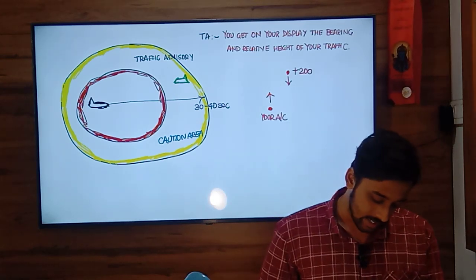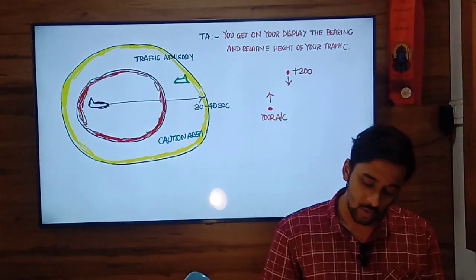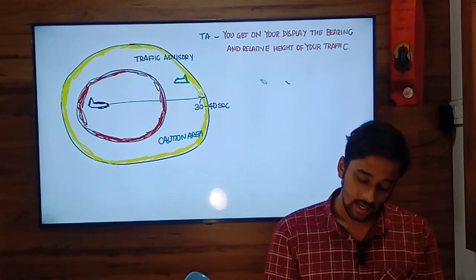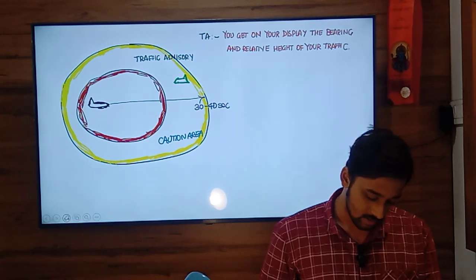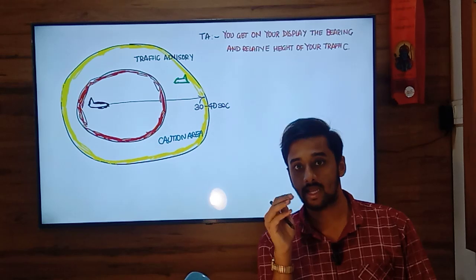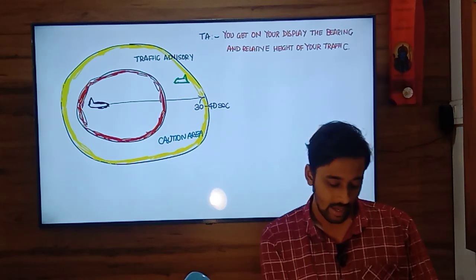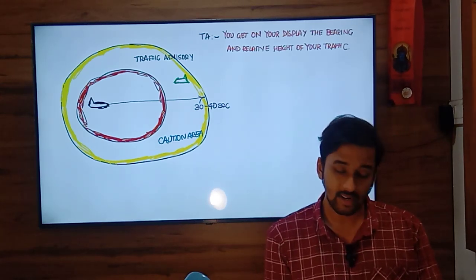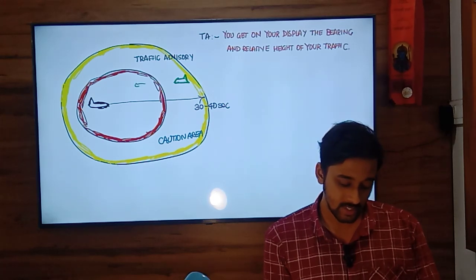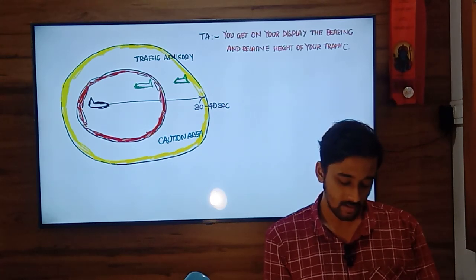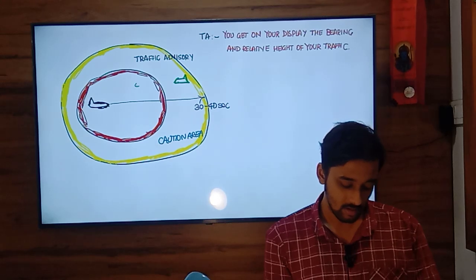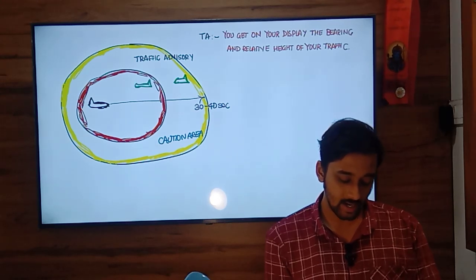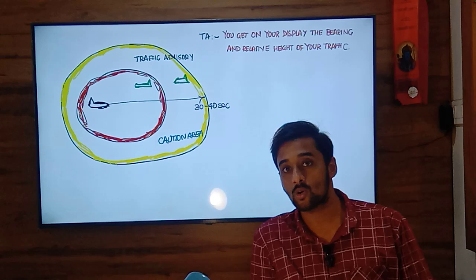Okay. Next thing, to make matters worse, if this traffic continues on its flight path and approaches your flight at a very close distance and enters this red color bubble, now it is very close to you.